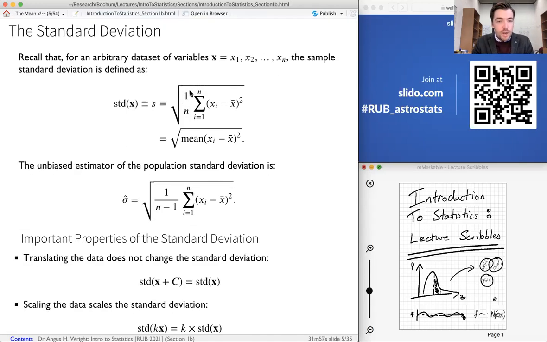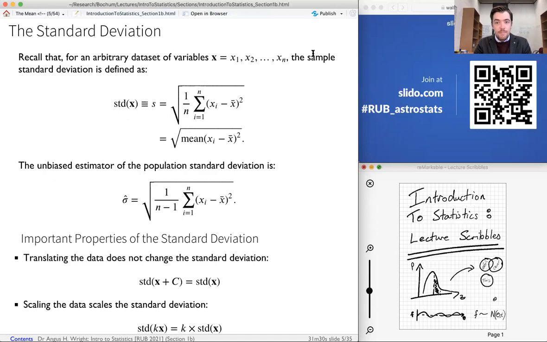Okay, the next thing that we're going to talk about is similar sorts of useful properties of the standard deviation. You'll recall that from last week, we had the definition of the standard deviation, or rather the definition of the sample standard deviation. You'll recall that there's a difference in what you'll find online for how you formulate this thing called standard deviation, and that's a bit confusing.